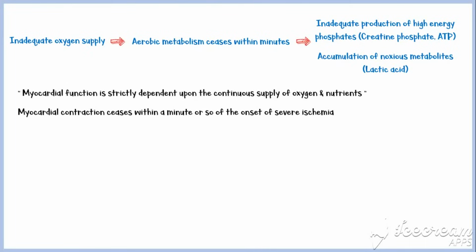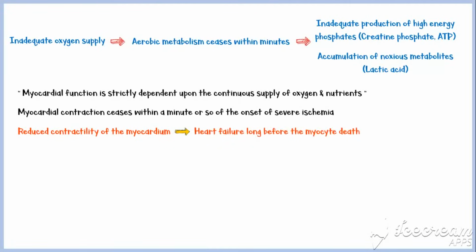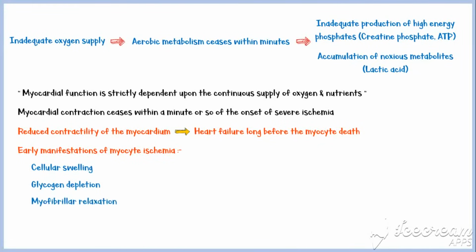Therefore, it is important to note that reduced contractility of the myocardium can lead to heart failure long before the myocyte death. And most importantly, the earliest manifestations of myocyte ischemia like cellular swelling, glycogen depletion, and myofibrillar relaxation are potentially reversible.